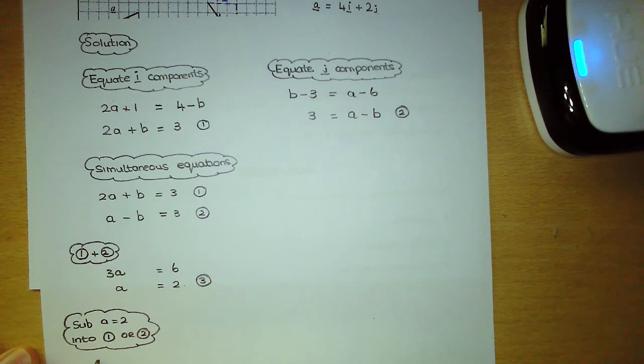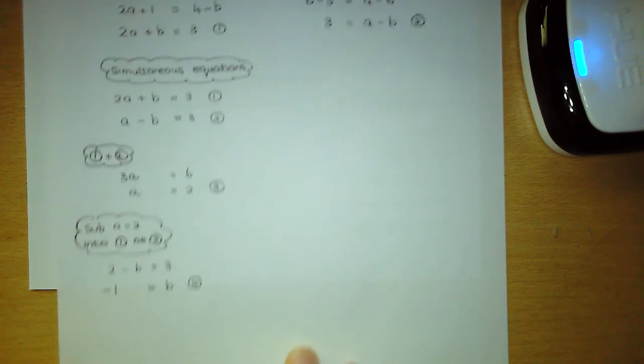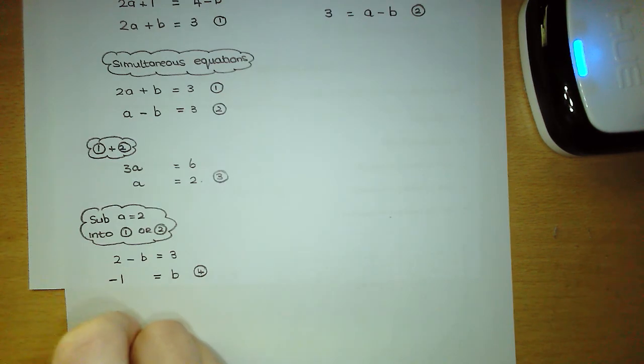So we're going to get 2 minus b is equal to 3. So bring your 3 over, we're going to get negative 1. Bring your minus b over, we're going to get b equals negative 1. And that's equation 4. So our final answer then: a equals 2 and b equals -1.